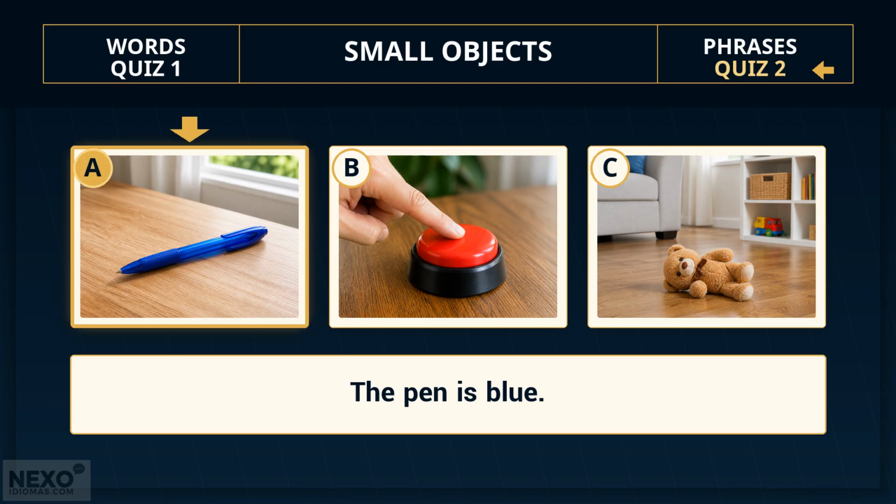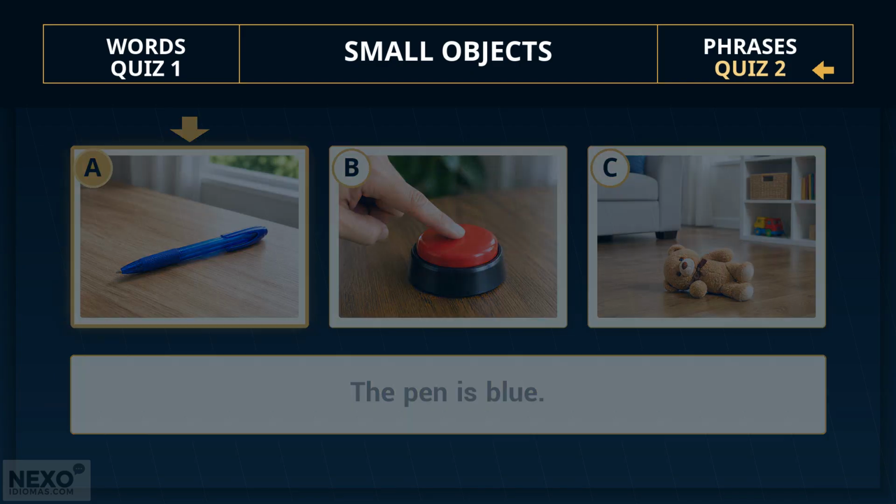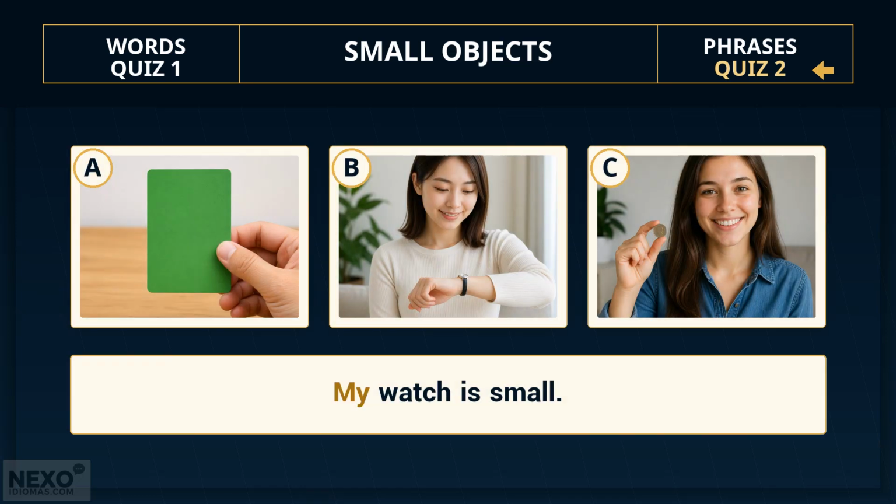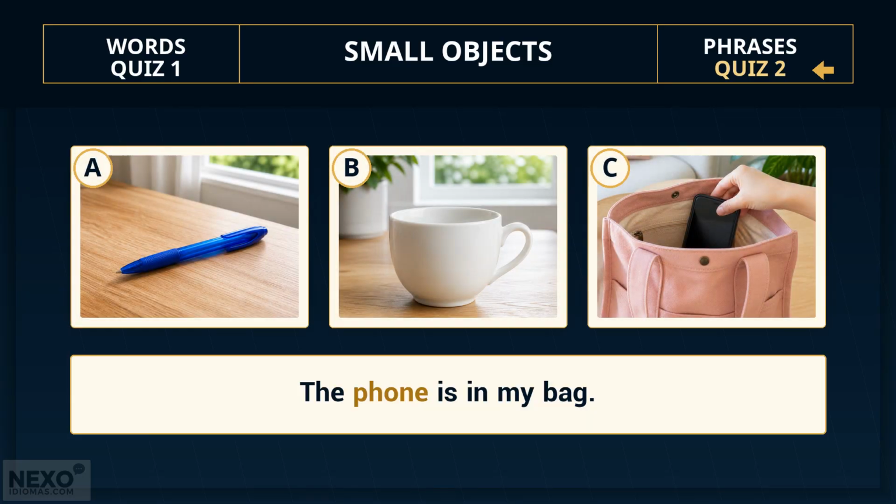A. This pencil is short. A. My watch is small. B. The phone is in my bag.